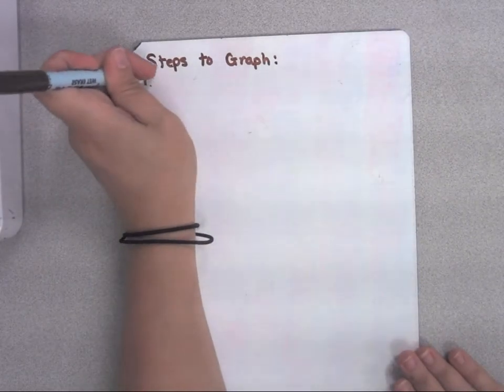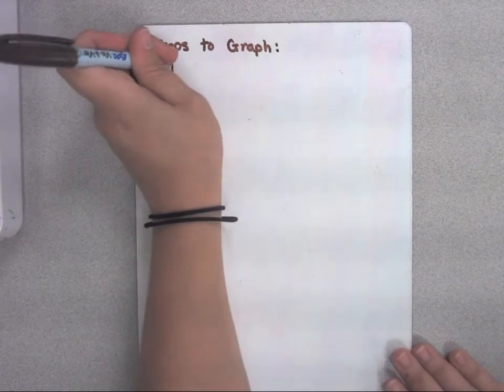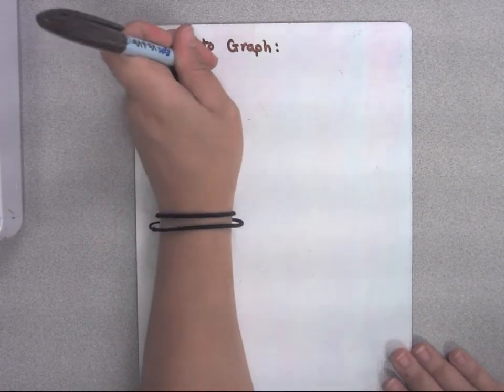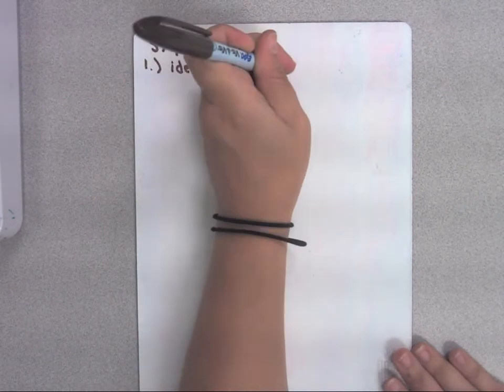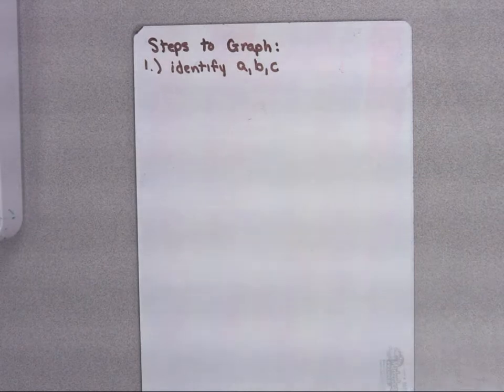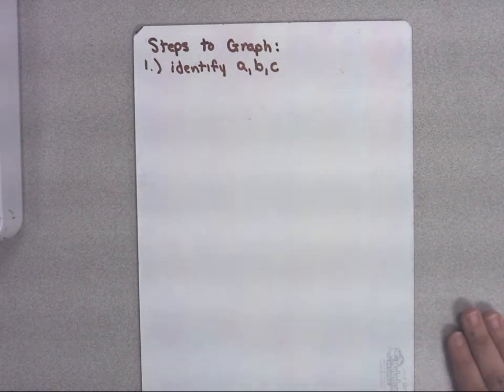Okay. First step we're going to do is we're going to identify A, B, and C. We're just going to say what those numbers are. A is this number, B is this number, C is this number. Figure them out. Okay.